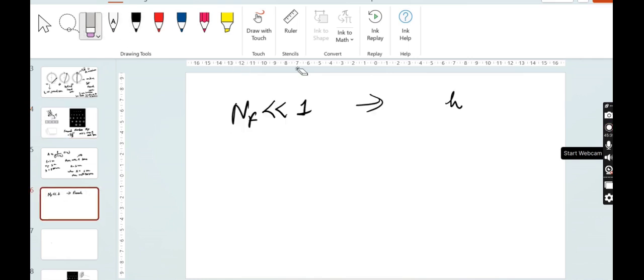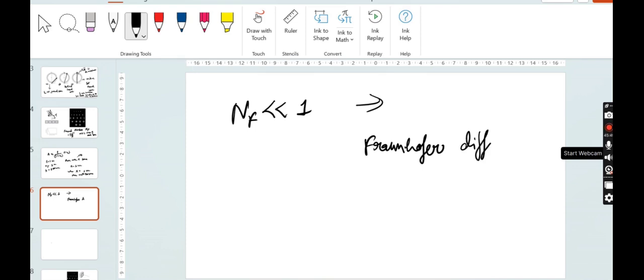That is when Fraunhofer diffraction kicks in. When NF is equal to or greater than 1, then we get Fresnel diffraction.